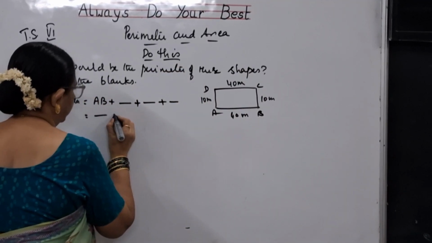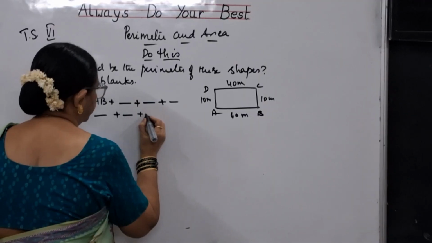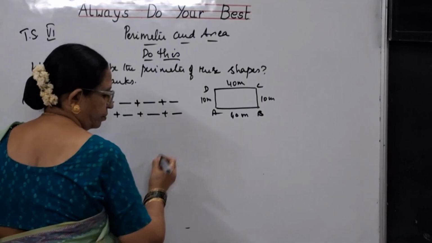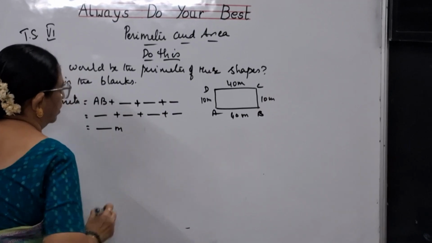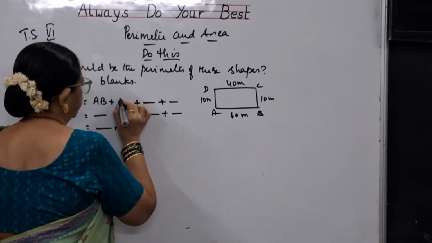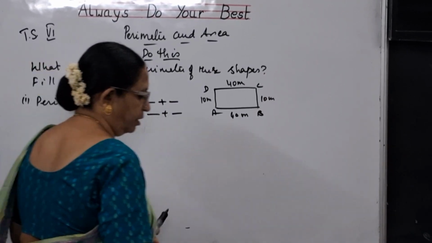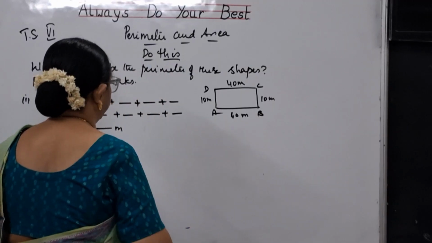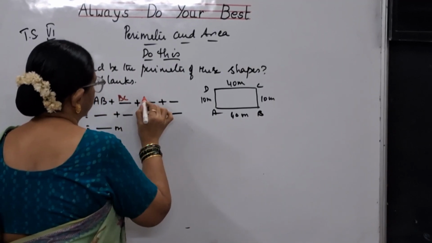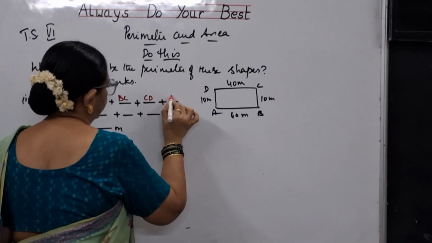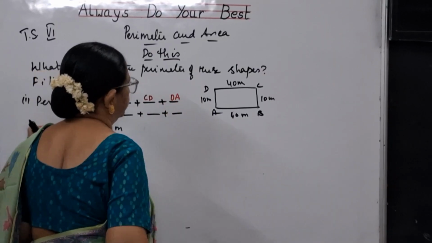Now let me write the problem. This is given to you. This is equal to dash meters. So it is nothing but AB plus BC plus CD plus DA.